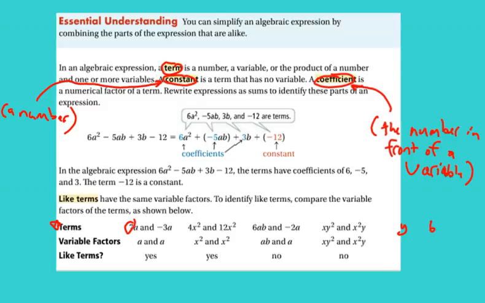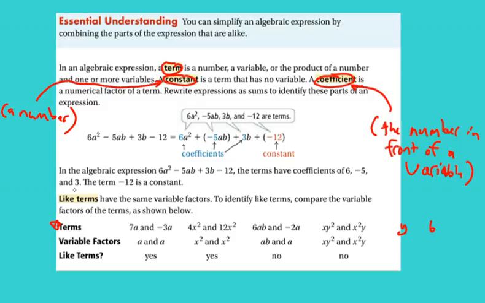If you look at the prefix co, that means with. So it's with the variable. The coefficient is with the variable. This would be a negative 3. Negative 2 is the coefficient here. There's none here. 6 would be the coefficient here. All right, so you get the point. It's the number in front of the variable. You might want to make note of that, it's the normal person's definition.